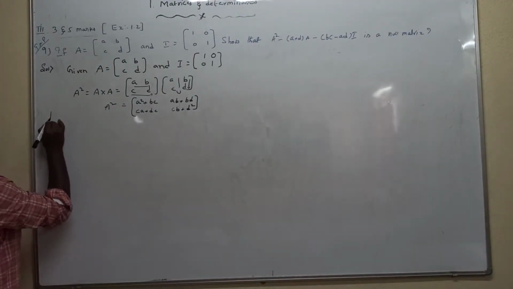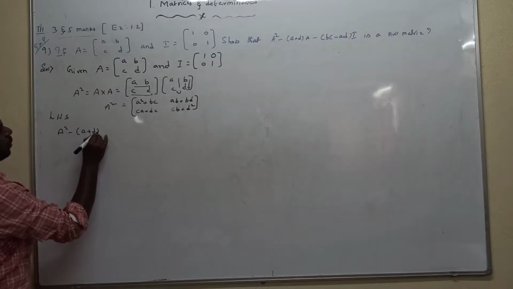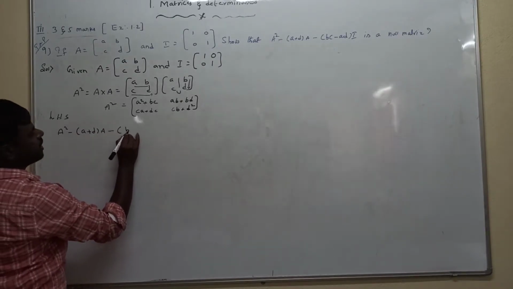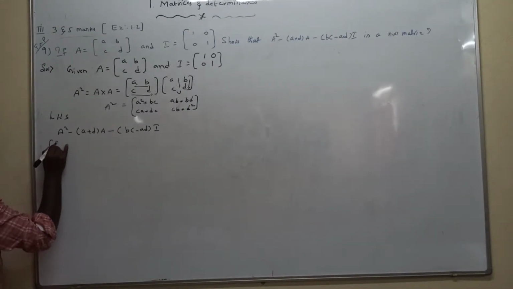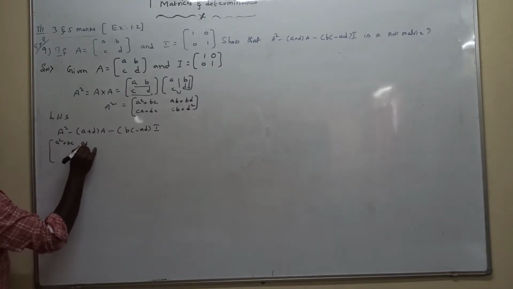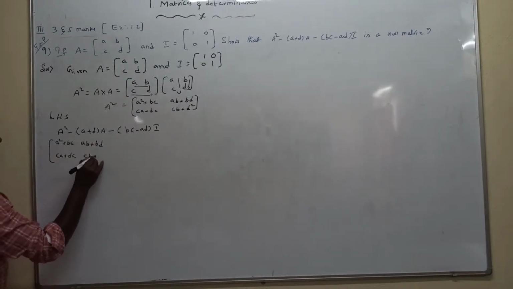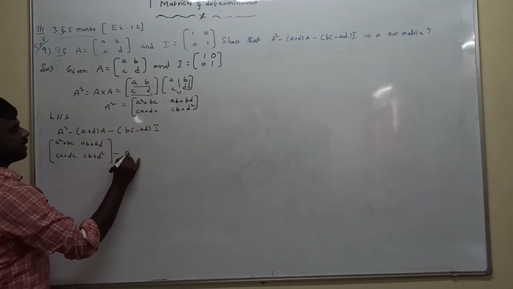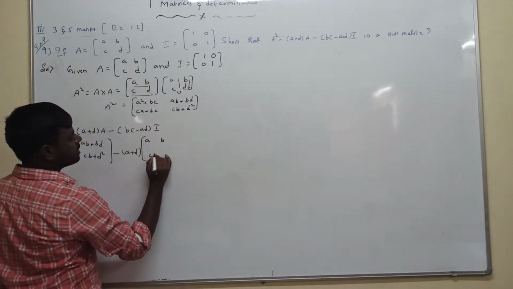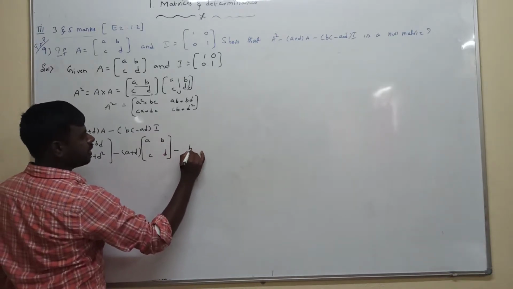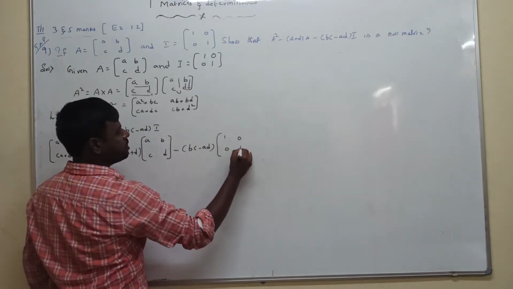Taking the LHS condition: A square minus (a plus d) into A plus (bc minus ad) into I. Now A square we got as [a square plus bc, ab plus bd; ca plus dc, cb plus d square], minus (a plus d) into the A matrix [a, b; c, d], plus (bc minus ad) into the identity matrix [1, 0; 0, 1].